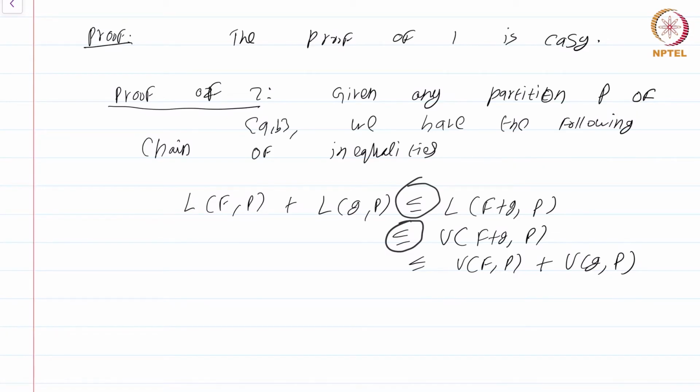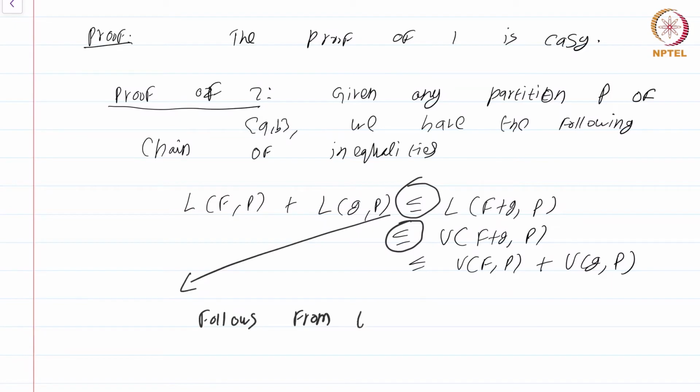In each one of these partitions, we are going to take the summation of m_i delta x_i. Now, when you take the minima of the functions f and g, then in general, the minimum of f plus g will be greater than or equal to the minimum of f plus the minimum of g.